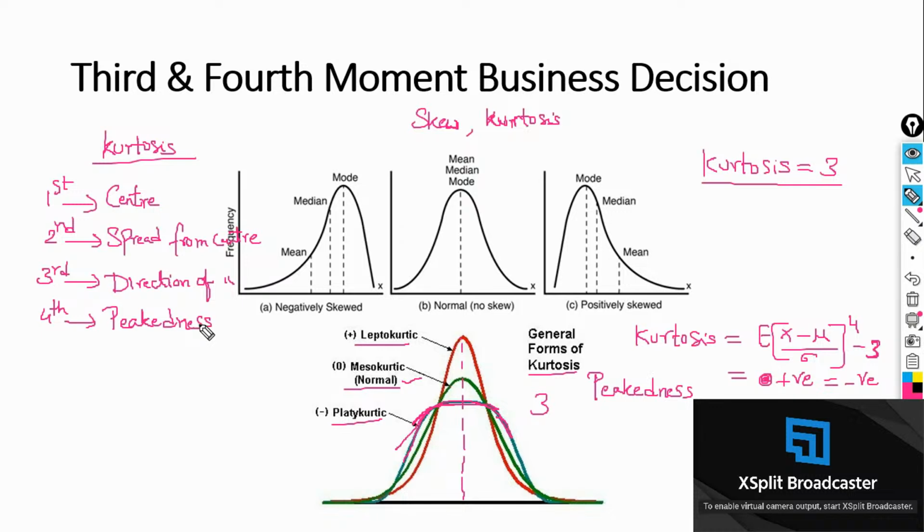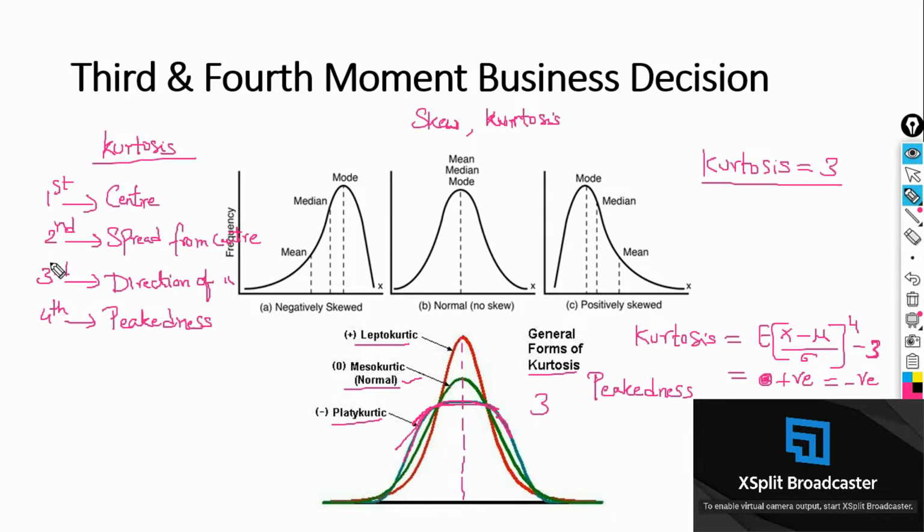If you understand these 4 moments, then when you do analysis on the data, first of all you have to understand each and every column. The center value representing the column is given by the first moment.